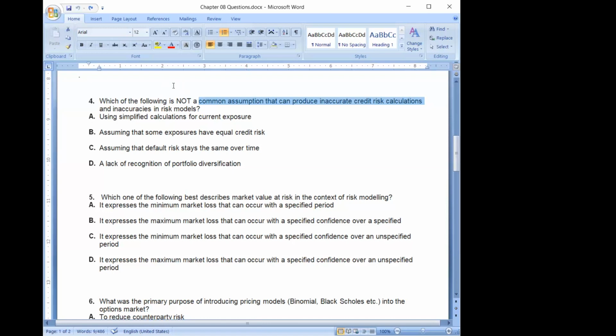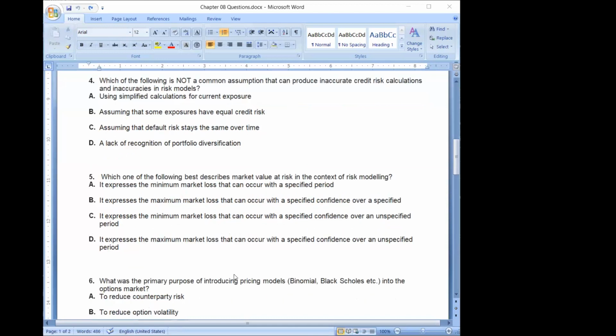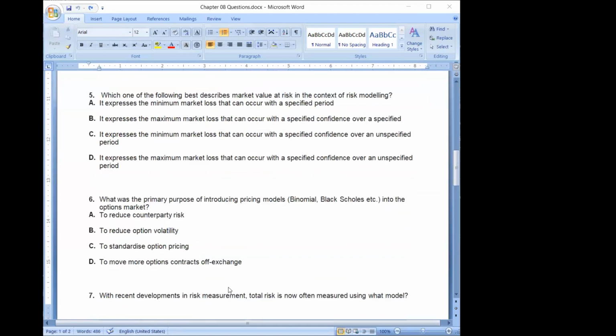That will become the not part. So as I told you, B, C, and D fall within this. Therefore, the obvious answer is A. Right? You have to be very careful and tactful when reading the questions at the exam. Question number 5.